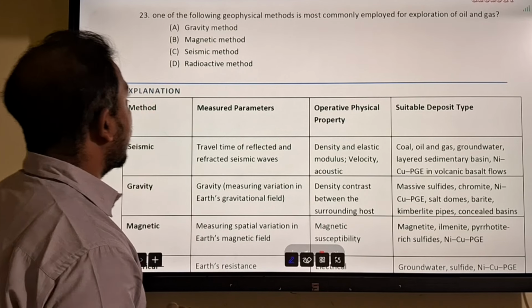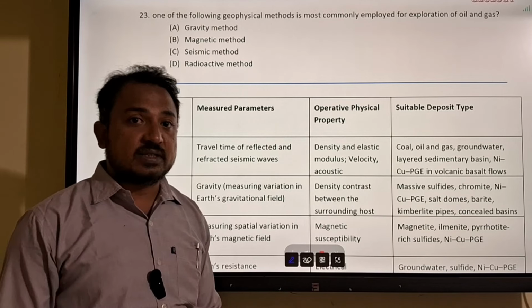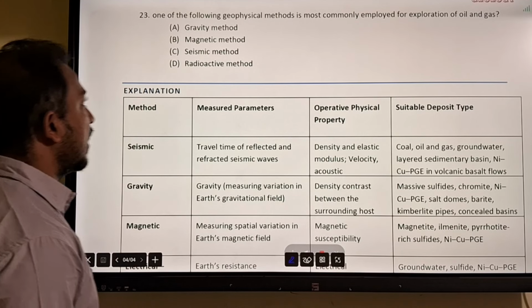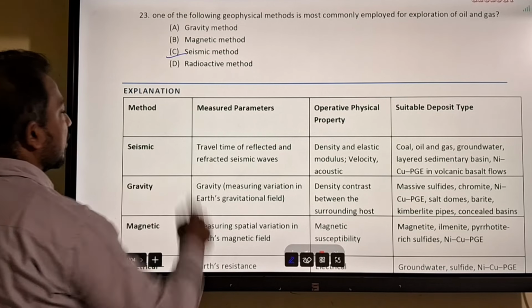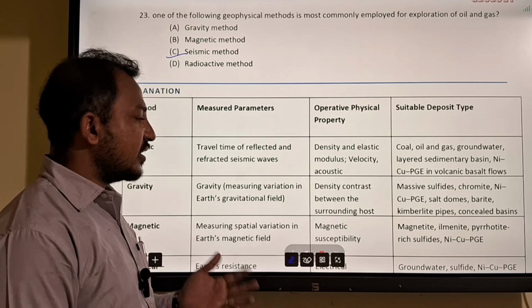Next question, which of the following geophysical methods is most commonly employed for exploration of oil and gas? Always remember, in case of exploration of oil and gas, we always use the seismic method. Seismic method is very suitable for oil and gas exploration.